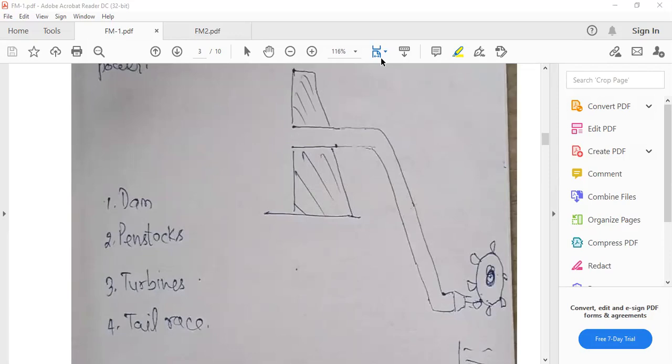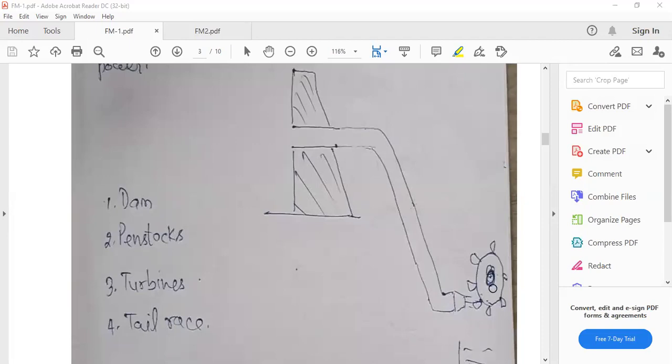Now, as the water impinges on the blades, the turbine starts rotating. Due to this rotation, the shaft also starts rotating. Thus, power of water is converted into mechanical power.